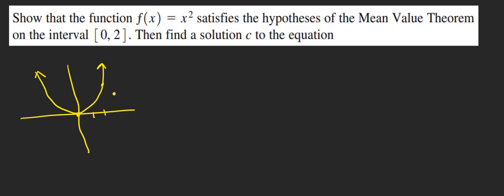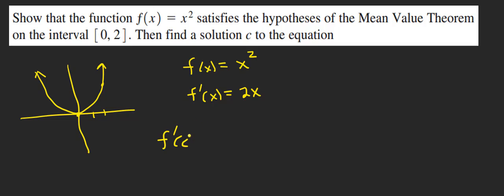So it satisfies the two hypotheses of the mean value theorem. Now, how are we going to find C? Well, we first need to find the derivative of f of x, which is 2x. So according to the mean value theorem, there has to be f prime of c equal to f of b minus f of a all over b minus a.